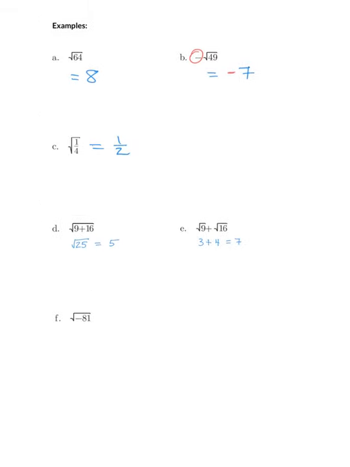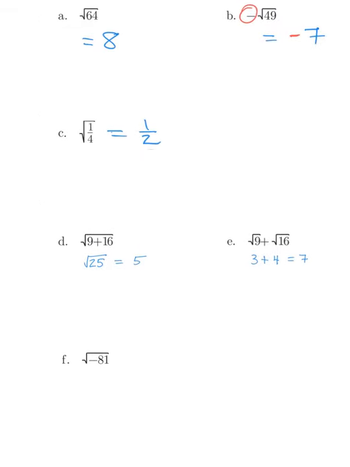The main thing that I want to point out about example D and E is that you cannot distribute a square root over addition.